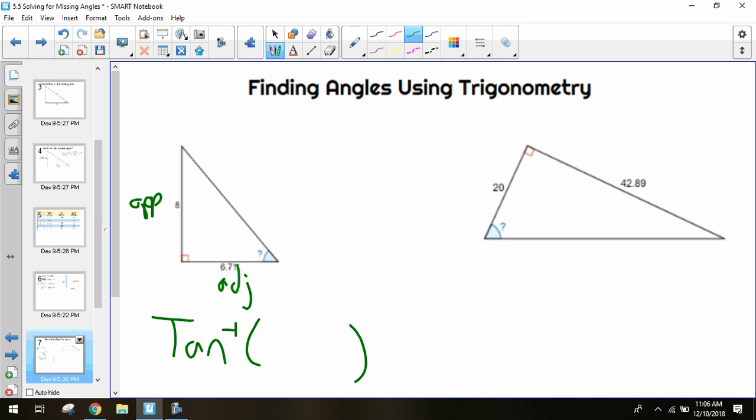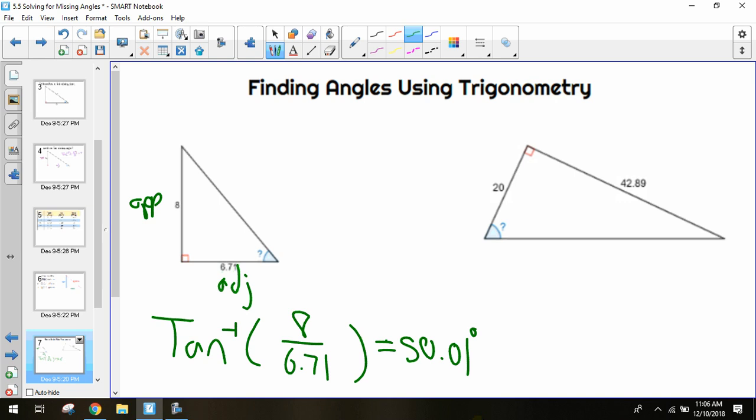Tangent is opposite over adjacent. My opposite side is 8, and my adjacent side is 6.71. All I have to do is plug in 8 over 6.71 and type this whole thing directly into the calculator. So inverse tangent of 8 divided by 6.71, close the parenthesis. 50.012, or whatever the number comes out to be. But that is the angle you get for your problem.